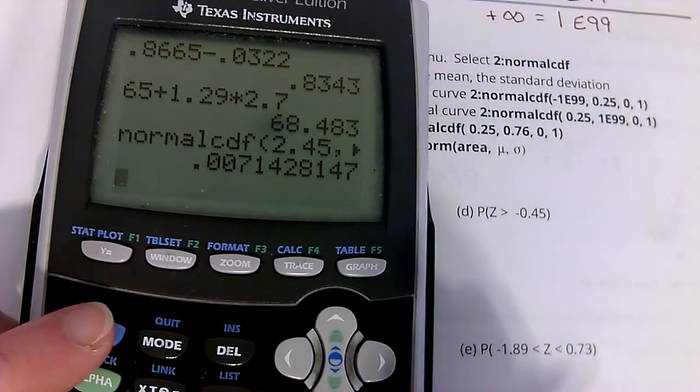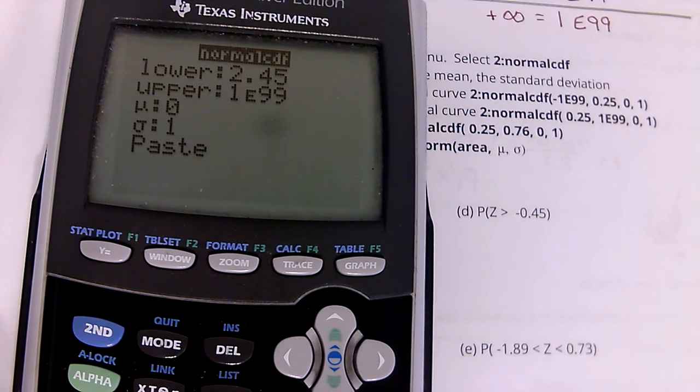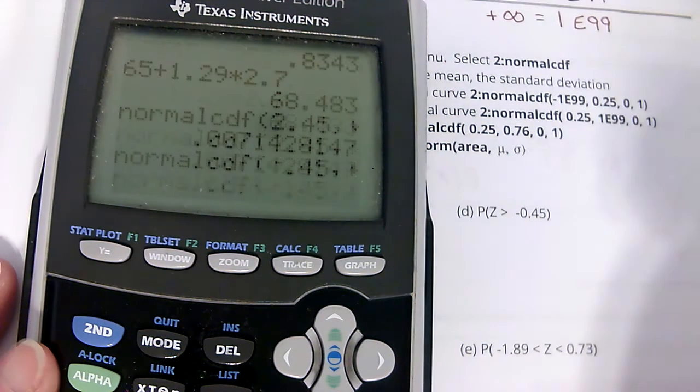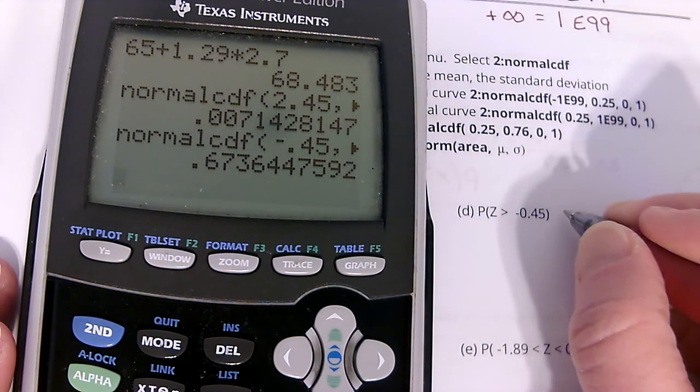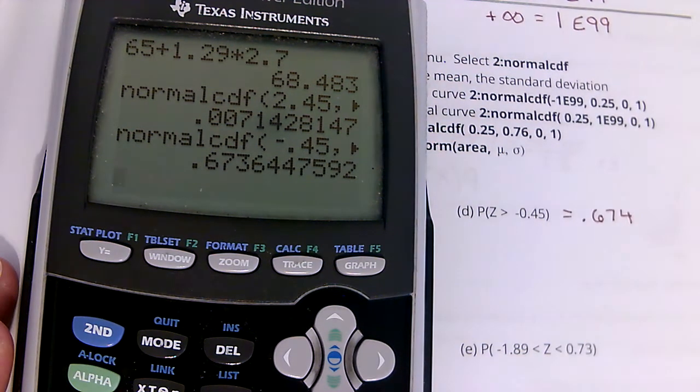Greater than negative 0.45. So negative 0.45 is going to be 0.674.